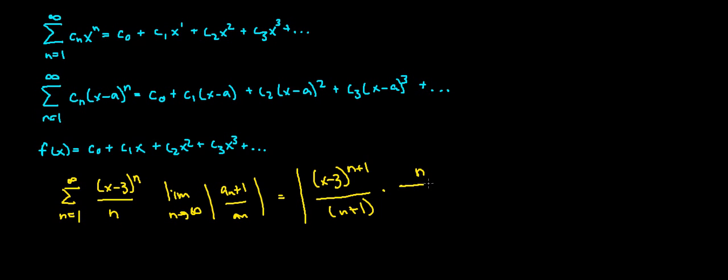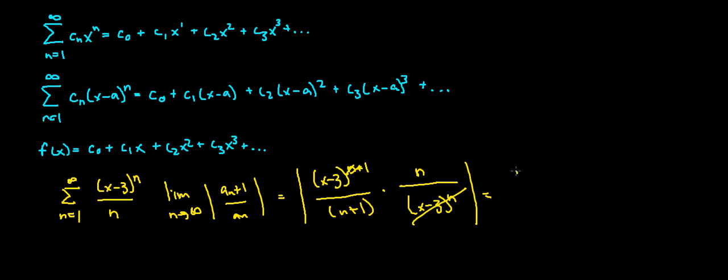So this will be n, x minus 3 to the n. So this will cancel. Well, this will at least lead to the power 1.